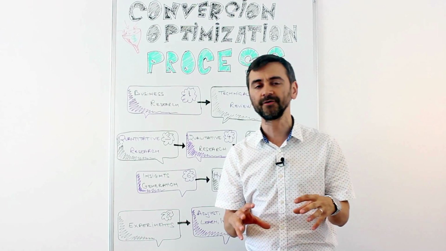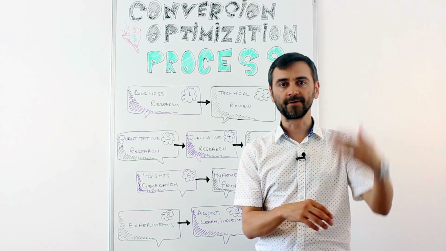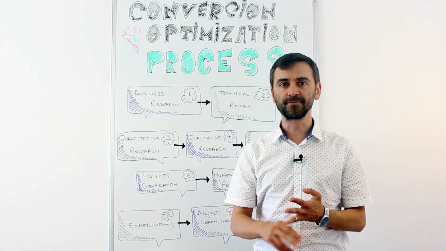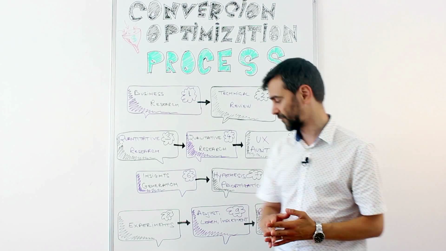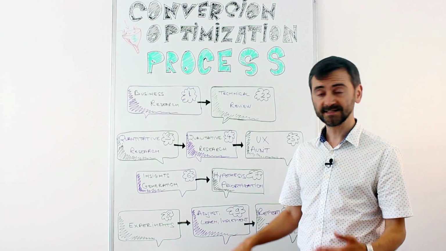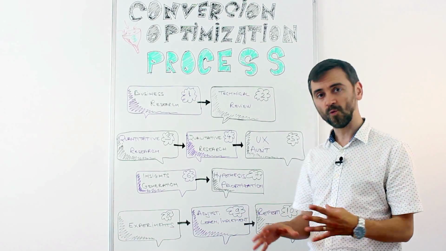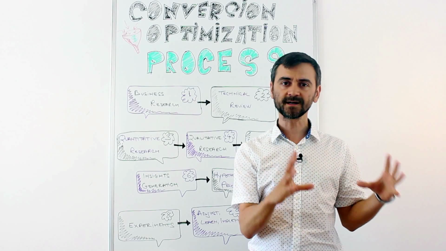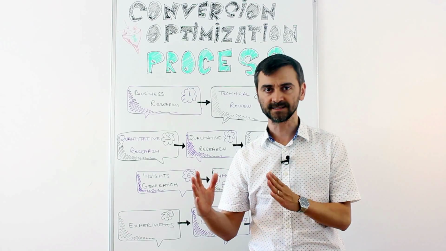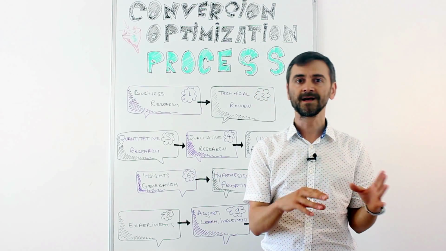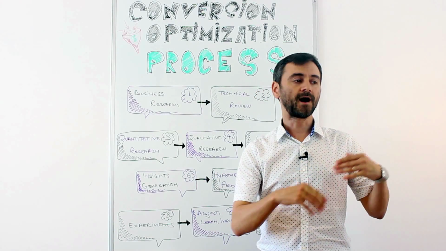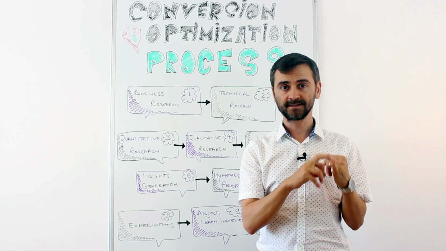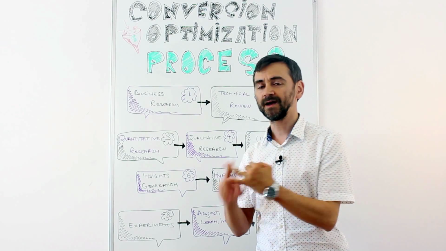So you should take a look at how the experiment runs on all the resolutions, on all the browsers which are important for you. And then you adjust, you learn, and you implement. So what does adjust really mean? If there are only 2 days since you've launched an experiment, the conversion rate is not steady, because the conversion rate is affected by the business cycle. And the business cycle means how many days are between the first interaction with a website and a purchase.